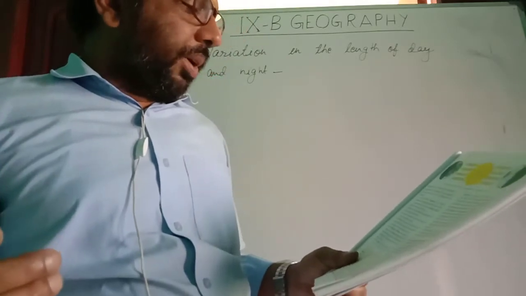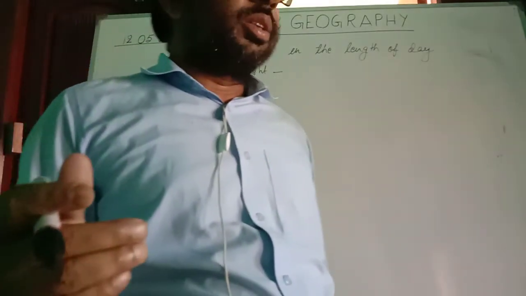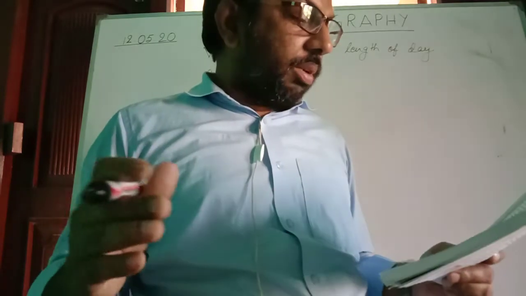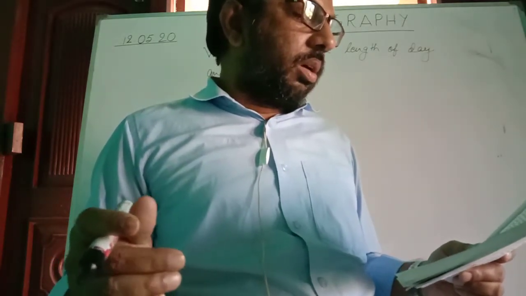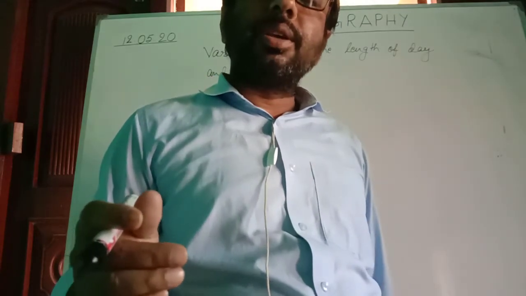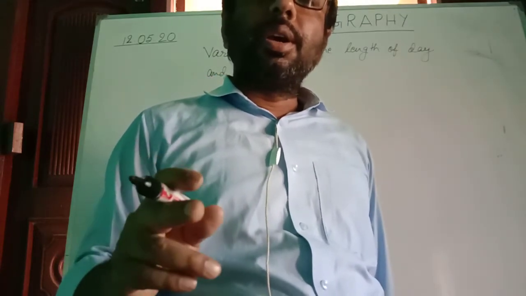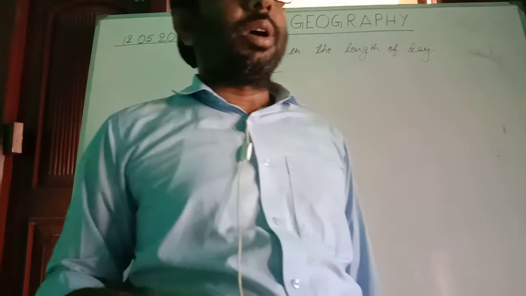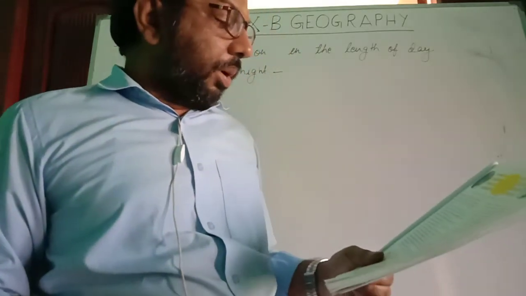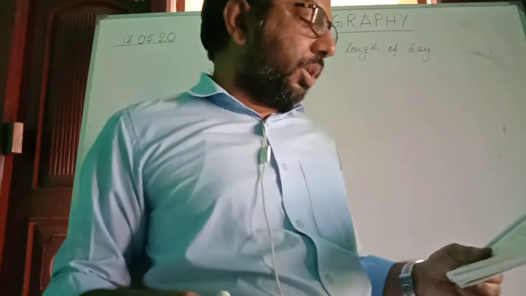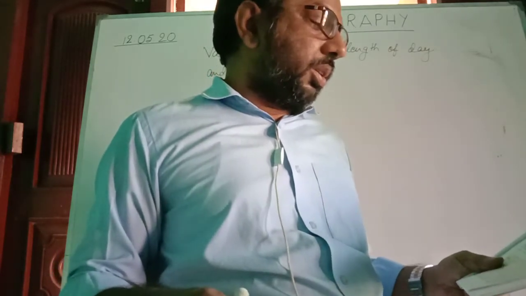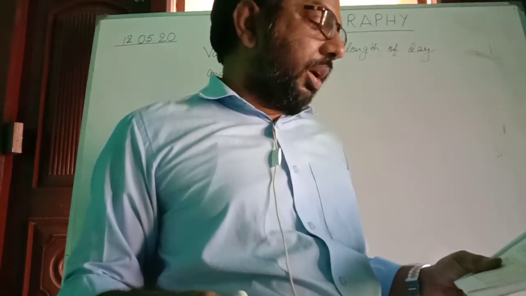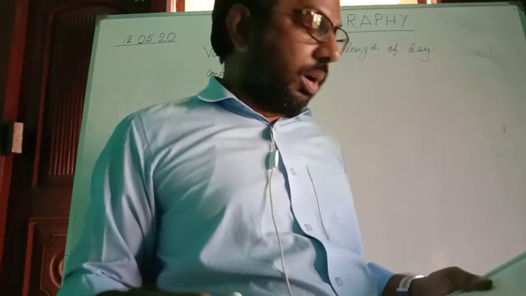On 21st March, the sun shines vertically above the equator, and all places along the equator experience equal day and night of 12 hours. From 21st March to 20th June, the length of day increases in the northern hemisphere and is always more than 12 hours.